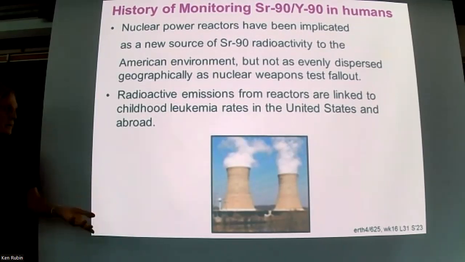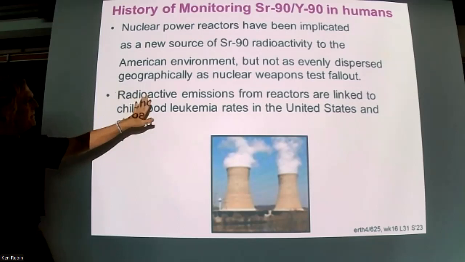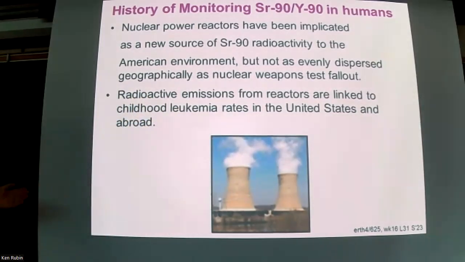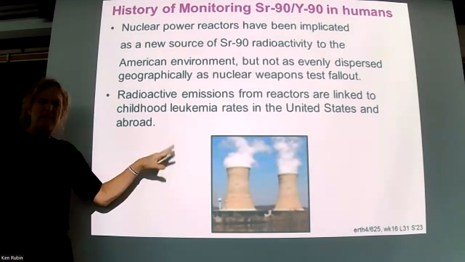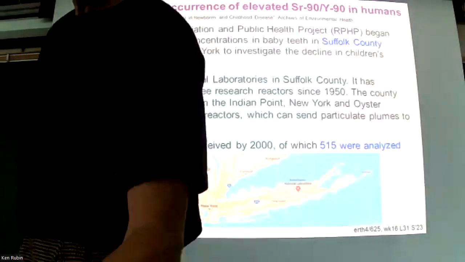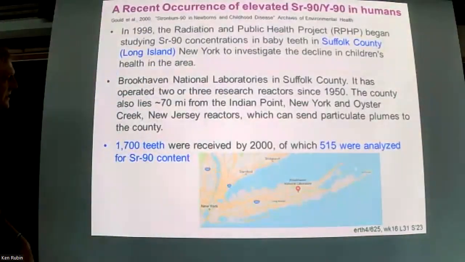And so there could be waste at those plants, for instance. And interestingly enough, radioactive emissions from reactors have been linked to increased rates of leukemia in certain parts of the United States and in other countries. And although we don't know for certain that the culprit is strontium-90, it is a very likely probability that it is. So this is just an example of a recent occurrence.